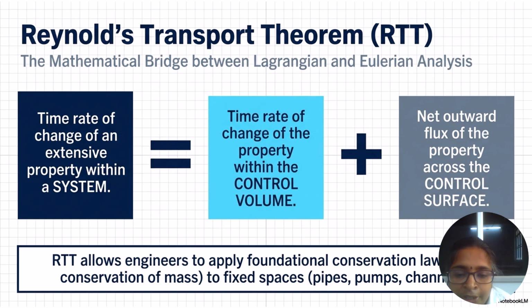It is explained as the time rate of change of property within the control volume plus the net outward flux of the property across the control surface, whereas the system is defined as the time rate of change of an extensive property within a system. So its major role is to bridge the Lagrangian and Eulerian methods of analysis.